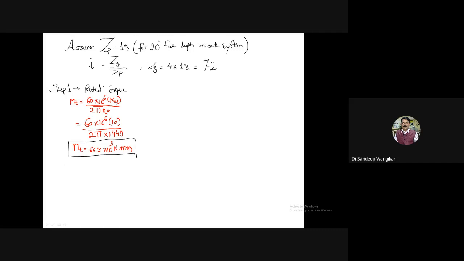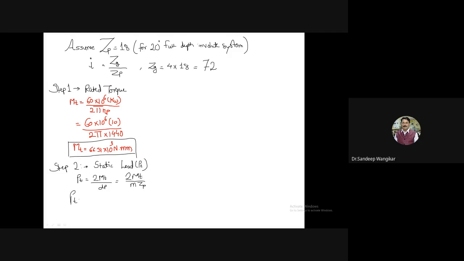Now I will go for step number 2, static load, in bracket PT. I can calculate PT as twice MT divided by dP, which is nothing but M into ZP.